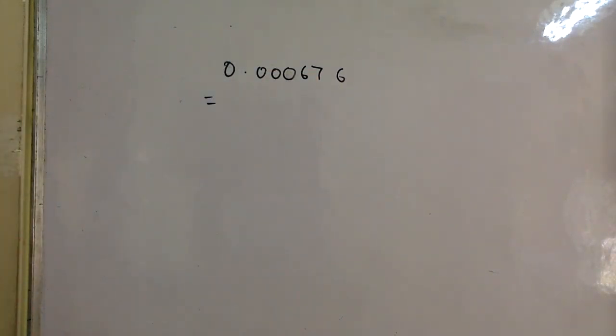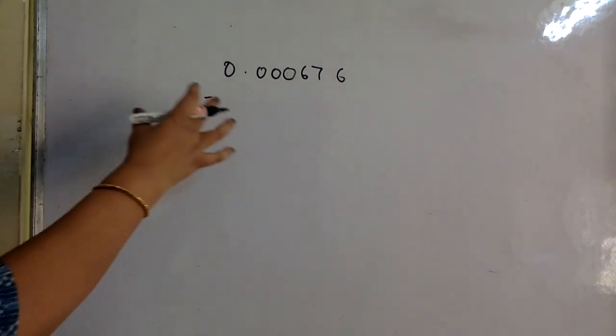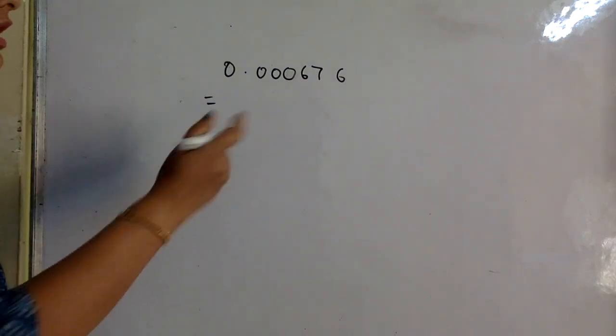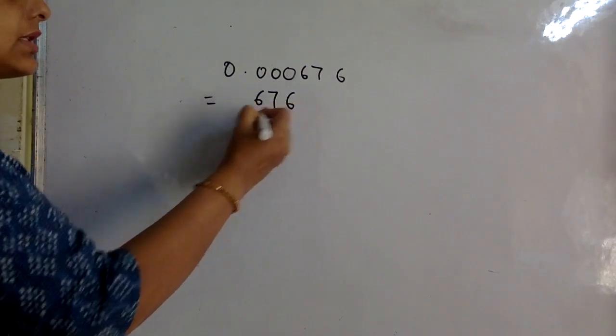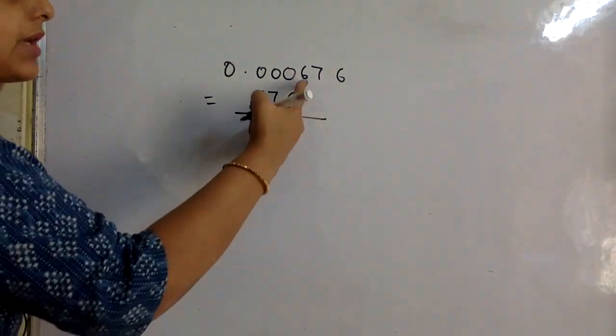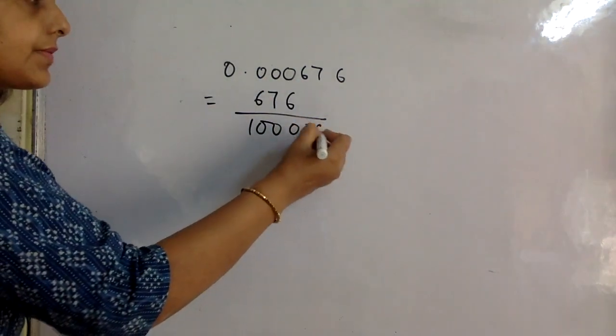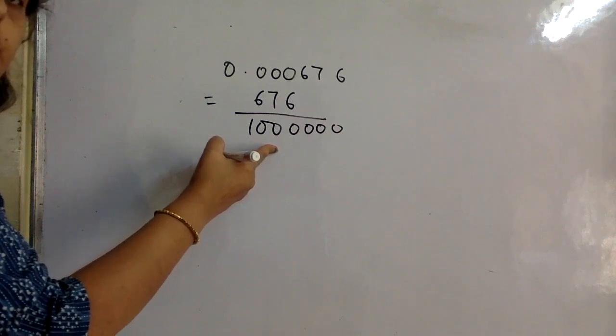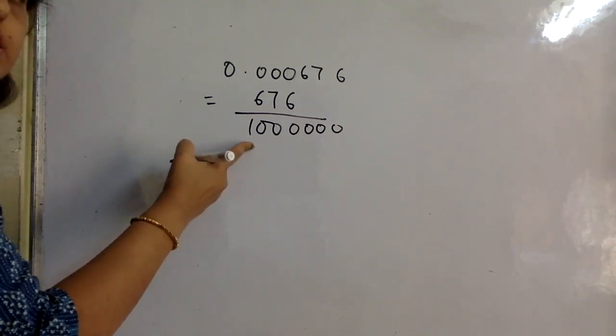Now the moment we look at this sum, we feel we have to work in some decimal method. Actually, this is not a decimal method. The easiest way is this. We write 676 and we divide it by 1, 2, 3, 4, 5, 6 zeros. So we have divided it with 6 zeros.